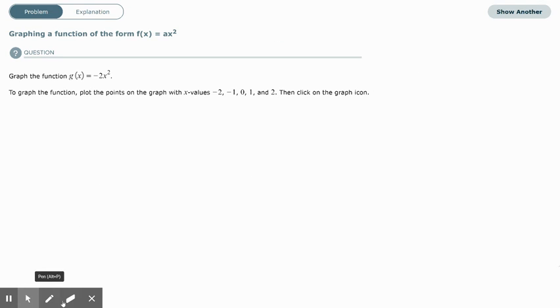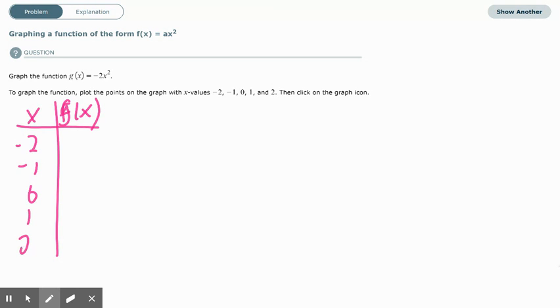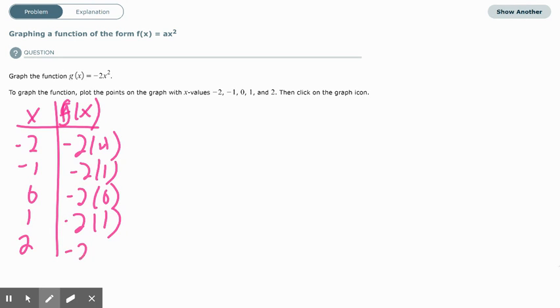So this one's asking us to do -2x squared. So again, we take x and g of x, and we plug in our 5 values. So -2 times 4, -2 times 1, and again, I'm just squaring those values, -2 times 0, -2 times 1, and -2 times 4, because 2 squared is 4.